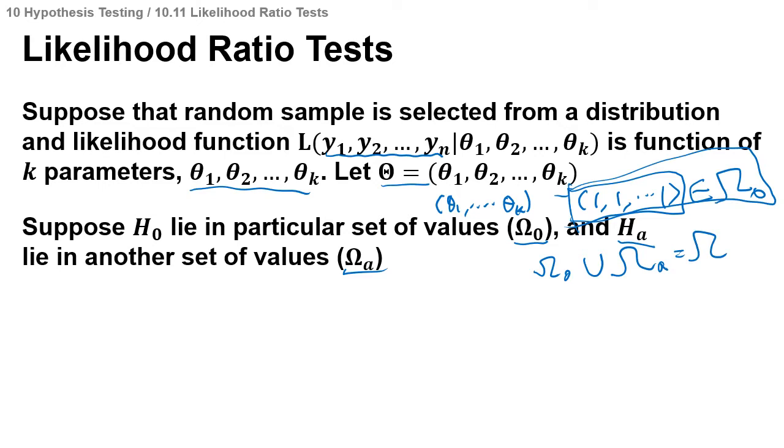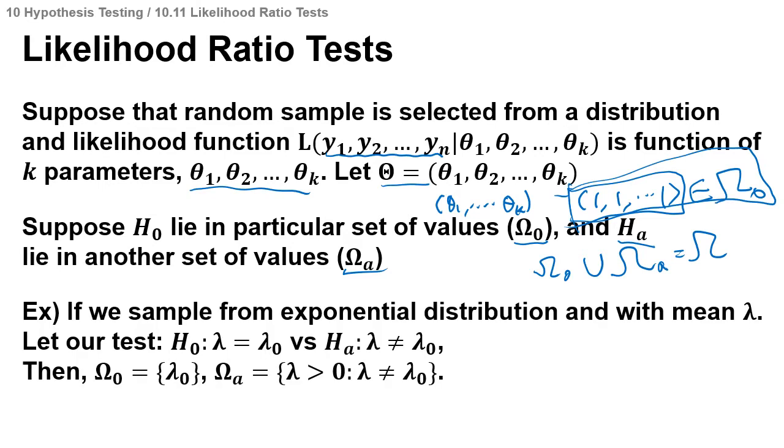Let me give you an example so that you can understand better. Suppose we sample from an exponential distribution with mean lambda, and let our test be H0: lambda equals lambda 0, versus the alternative hypothesis: lambda is not equal to lambda 0.